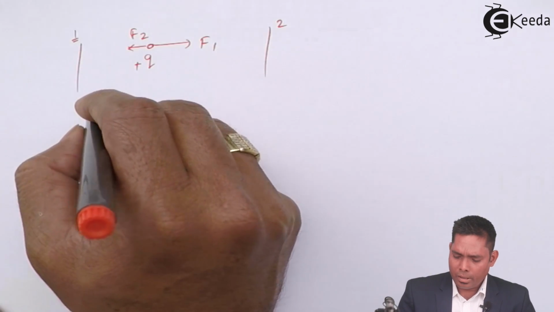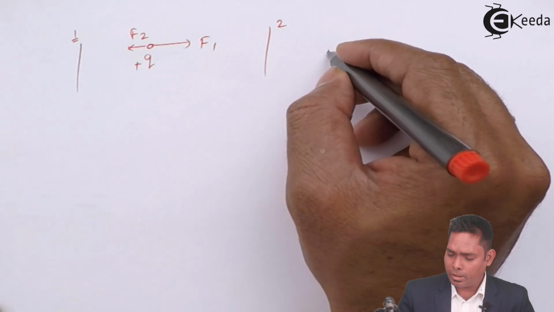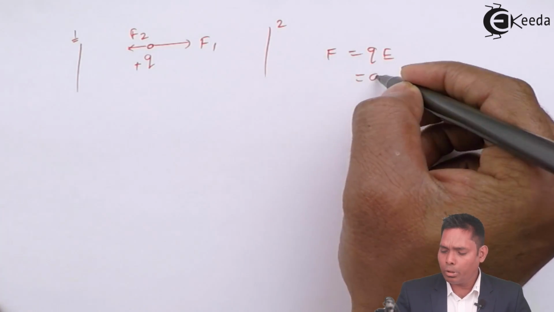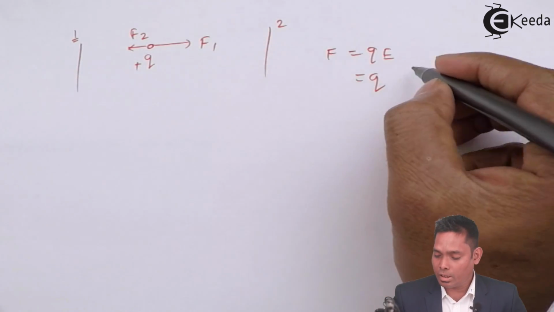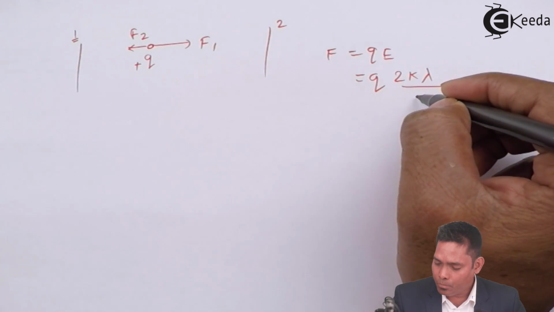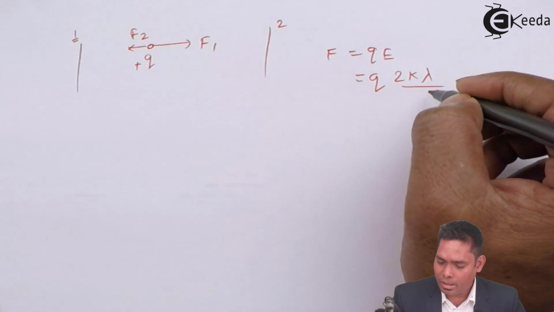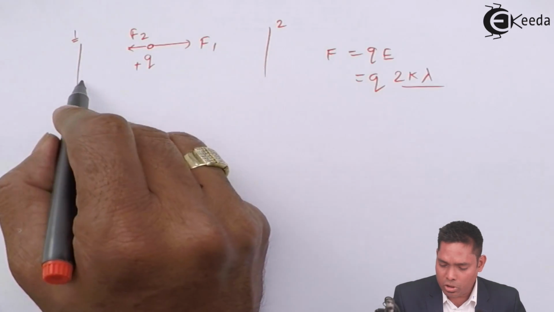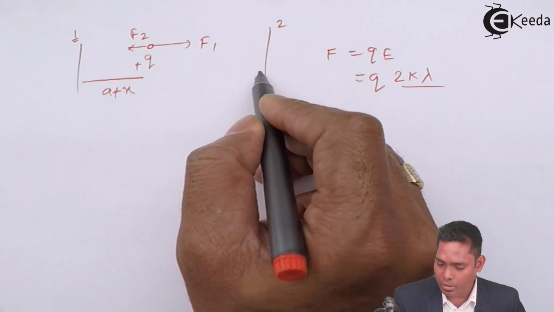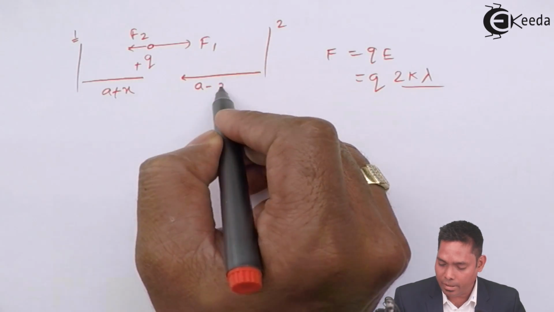So first of all, we must write the formula that this force is q into E, and E we got last time, that is 2k lambda divided by d, where d is the distance. We have considered this distance as a plus x, and for this one the distance is a minus x.